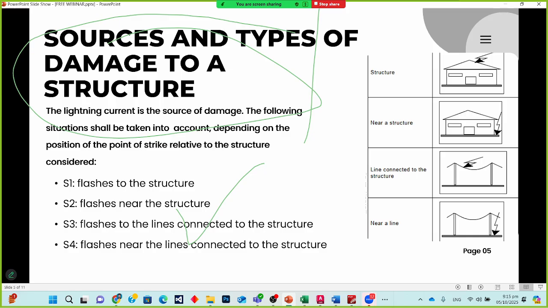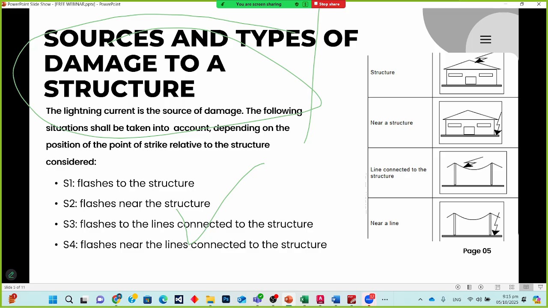The first one is the flash to the structure, S1. If the lightning strikes on the structure, that is one source. The other source is S2, the flash near the structure, not actually on the structure like the buildings or the solar structure, but near to the structure.